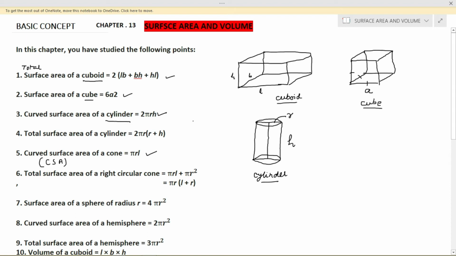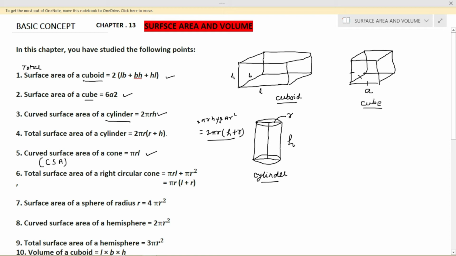So the curved surface area is 2 pi r h, the area of top is pi r square, and the area of bottom is also pi r square. So add these together and you will get the total surface area. Here you take the common 2 pi r, and in the bracket you get h plus r. So this is the total surface area of a cylinder.